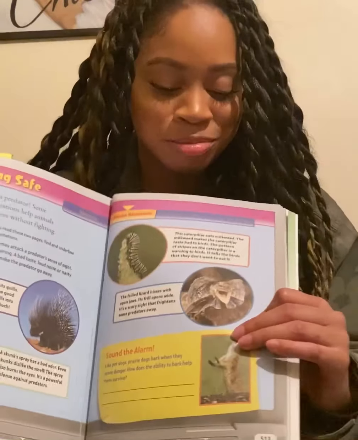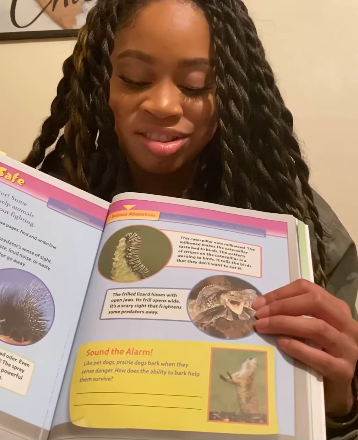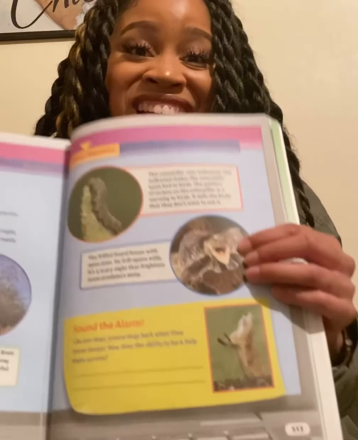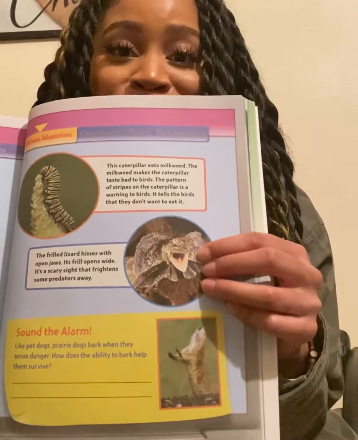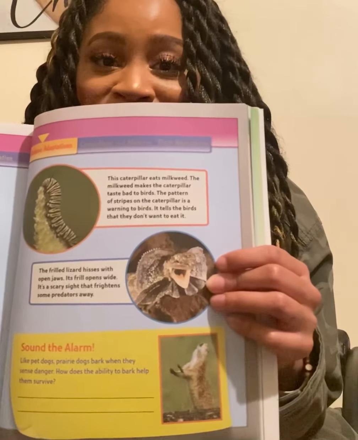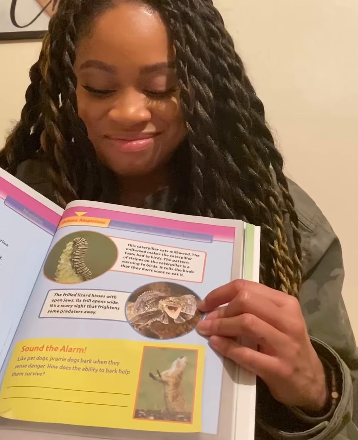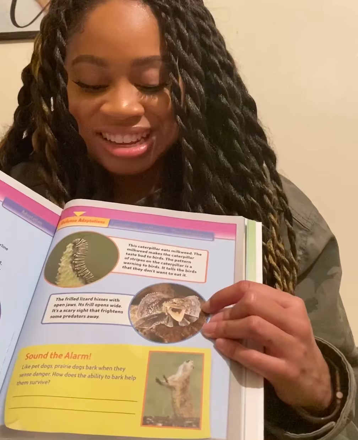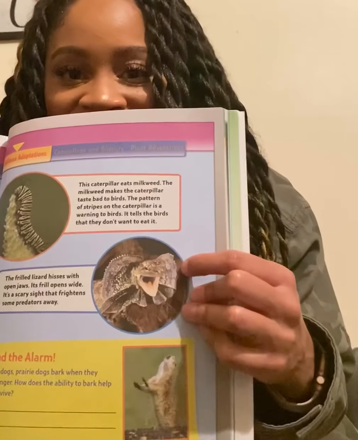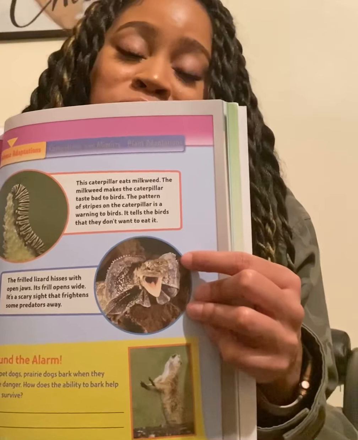And another example, this is one that I like to use as well, is this frilled lizard that hisses, okay? So again, if this lizard feels threatened, okay, it hisses, but you also see that it opens its jaw like this to where it looks very creepy, okay?